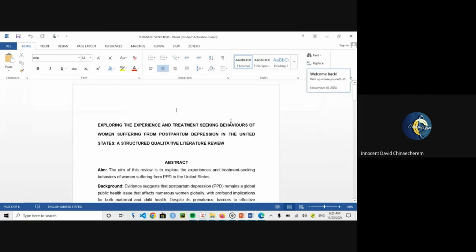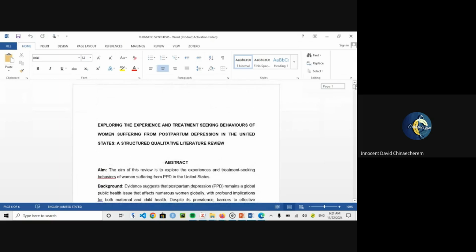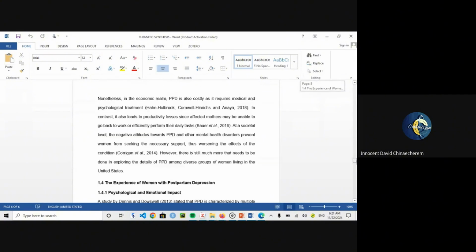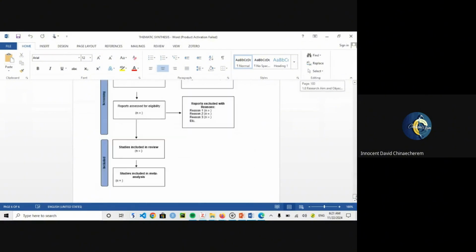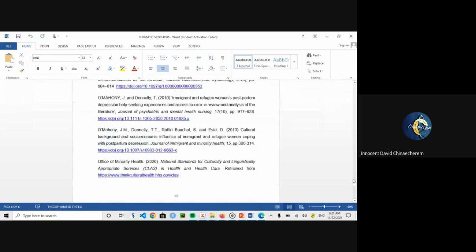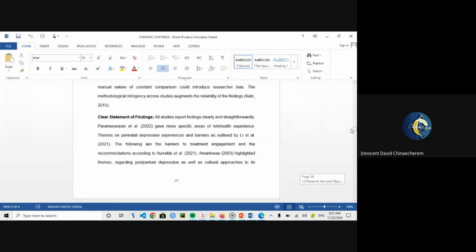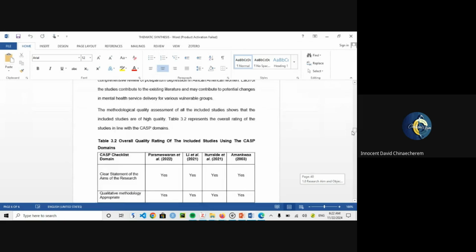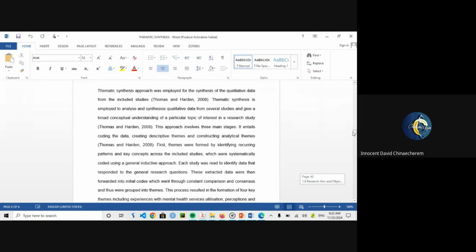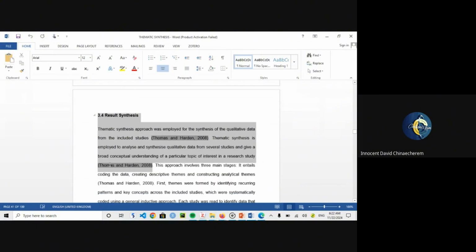What we are doing basically in our thematic synthesis, for example, in this study where we're trying to explore the experiences and treatment-seeking behavior of women suffering from postpartum depression in the United States, is that when we hover around the results section, the first thing we do is explain the approach.